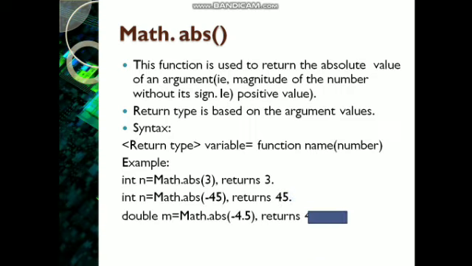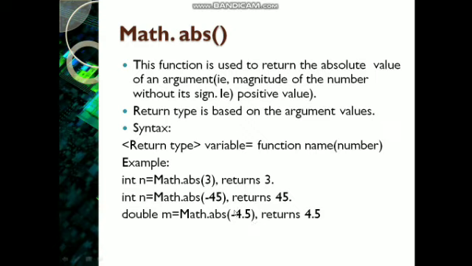And the next example, double m is equal to Math.abs of minus 4.5, and since minus 4.5 is a double value, it returns a double value, and your answer is 4.5.